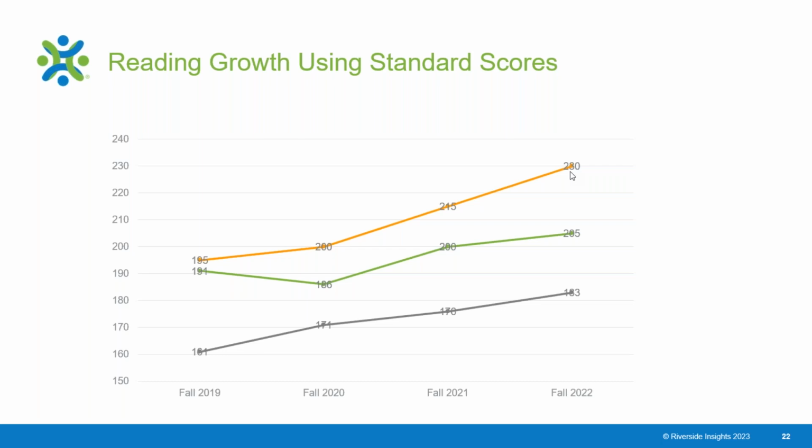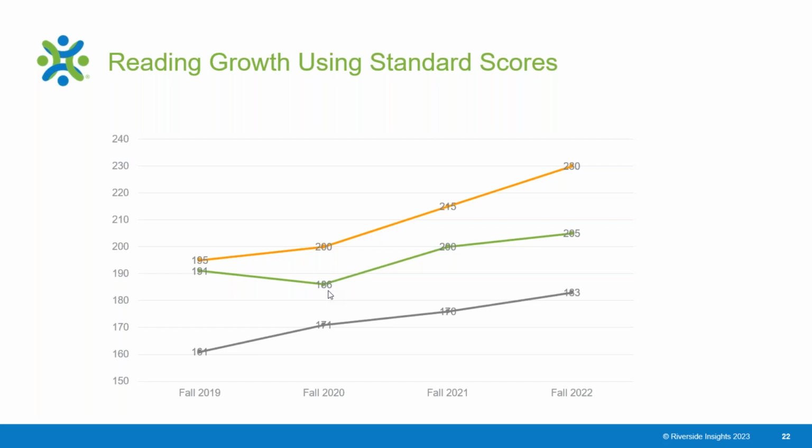And we could observe with this metric a decline, as you can see in that green line, between fall of 19 and fall of 20, or between fall of 20 and fall of 21. So the standard score metric is useful for understanding locally what kind of learning loss might have occurred, what kind of learning recovery is happening post-pandemic. That's one useful characteristic of the standard score scale.